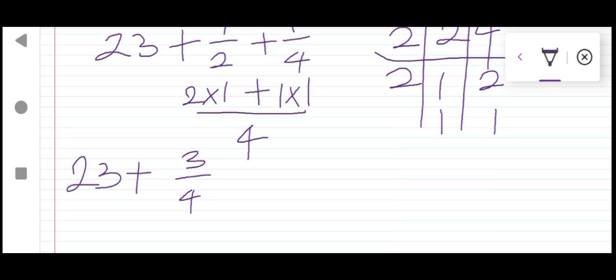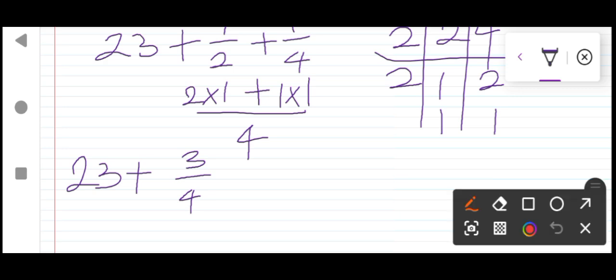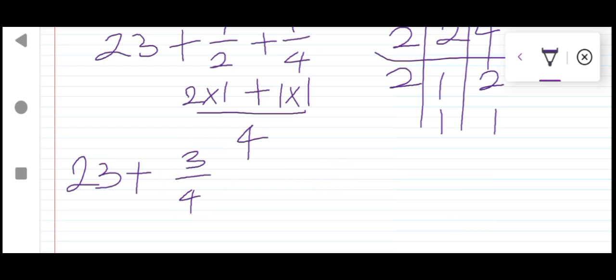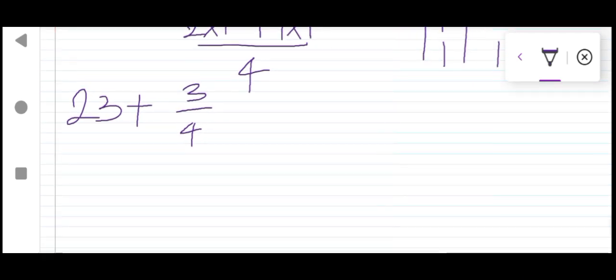Quickly speaking, let's check the value of 3 divided by 4. And 3 divided by 4 is 0.75.